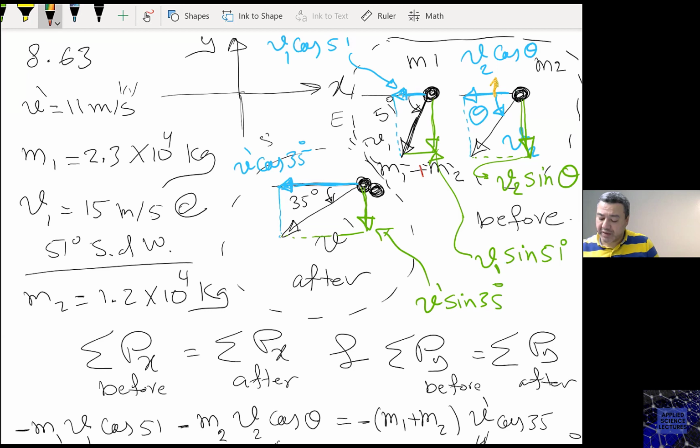This is the angle that I found, and this is the magnitude of 9.1. I assumed it to be in this direction with this angle. This was an assumption. After I did the calculation, I found out that the angle indeed is west toward the north, not west toward the south.